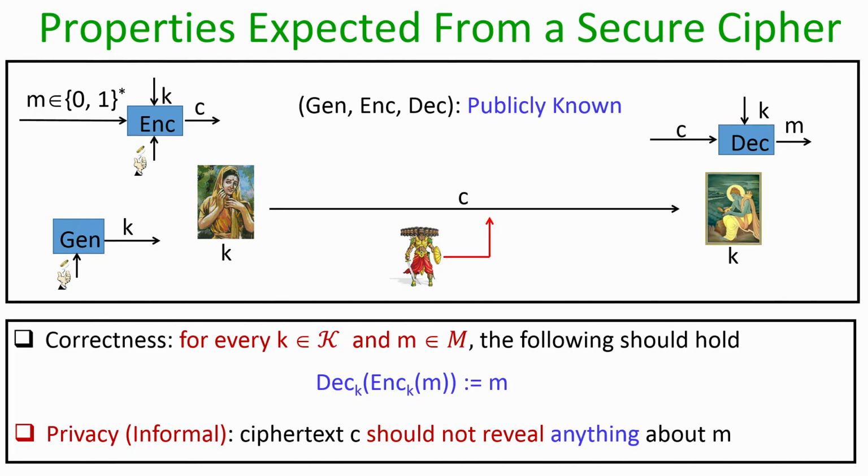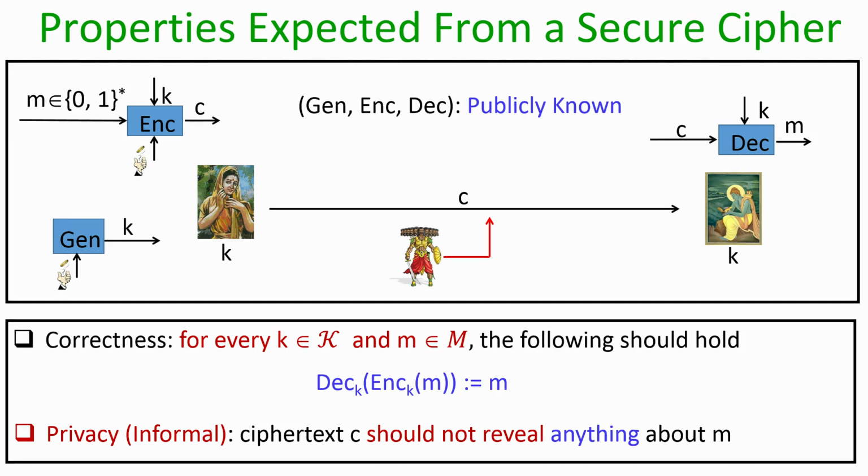The second important property which we expect from a secure symmetric key encryption process is that of privacy, and now we are going to see what challenges we face when we try to formalize the privacy requirement. Intuitively, when we say that a symmetric key encryption process is secure or achieves the privacy property, I mean that the adversary, or the bad guy who has observed the ciphertext C, should not be able to compute anything about the message M. Imagine there is a third party who has intercepted the ciphertext, and who knows the details of the key generation process, the encryption process and the decryption process.